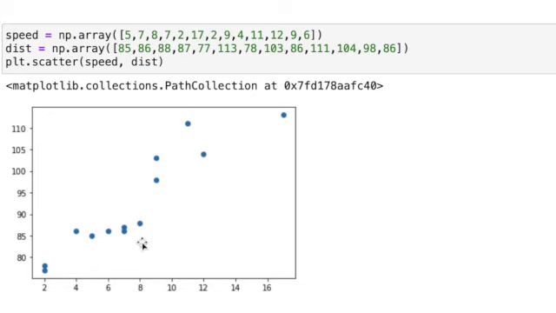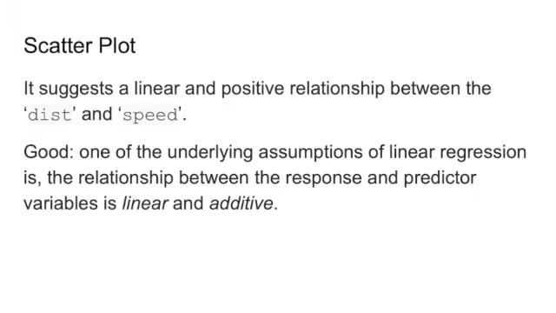Then we can see the relationship between them. From this scatter plot, it suggests a linear and positive relationship between the distance and speed. The underlying assumption of linear regression is that the relationship between the response and predictor variable is linear and additive.